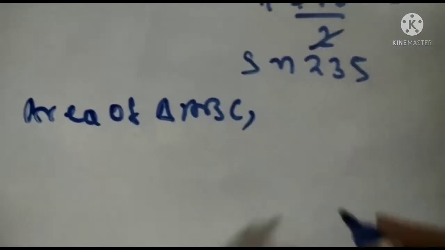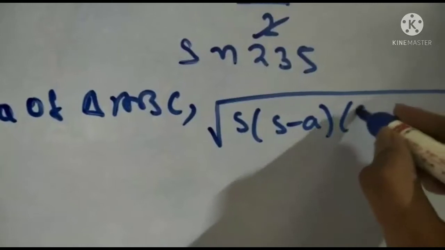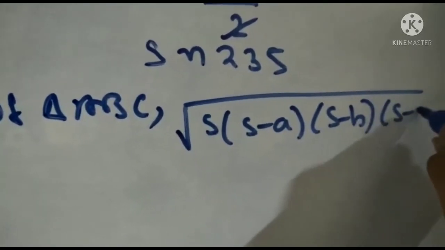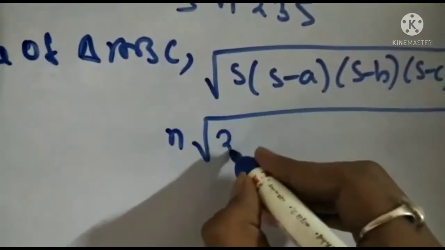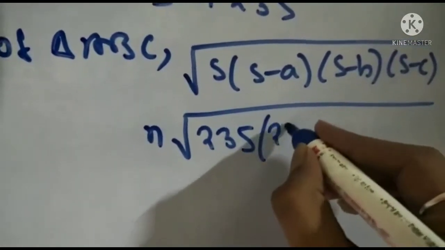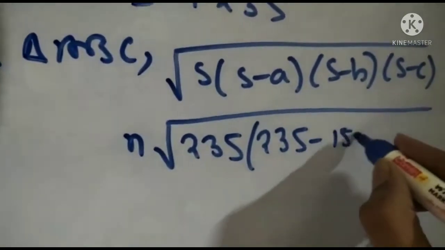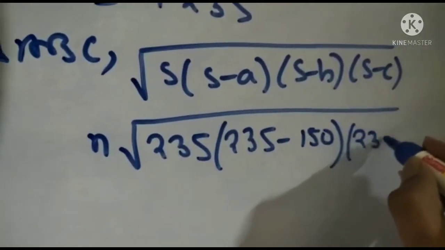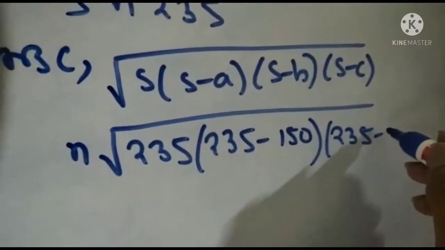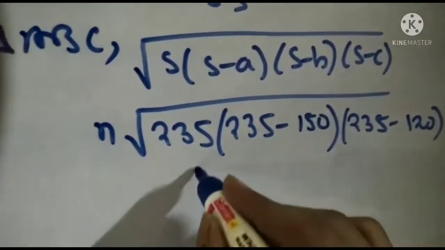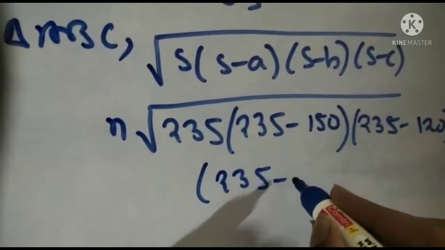How to find it? Root over of s minus a, s minus b, s minus c. This is the formula. s we have found is 235. So 235 minus a, where a is 150, multiplied by 235 minus b, where b is 120, again multiplied by s minus c, s is 235, multiplied by c, c is 200.